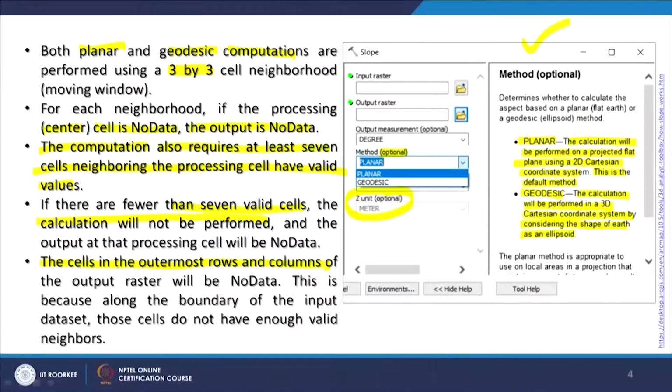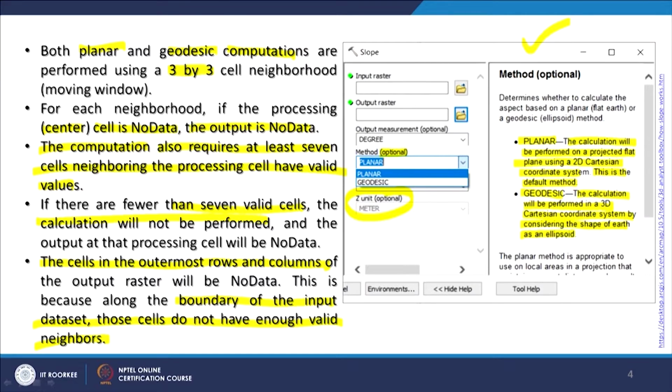So, the cells in the outermost rows and columns of the output will be no data, because in the surrounding you do not have cells on the side, due to the boundary of the input data set. For those you do not have enough valid neighbors. You require at least 7.